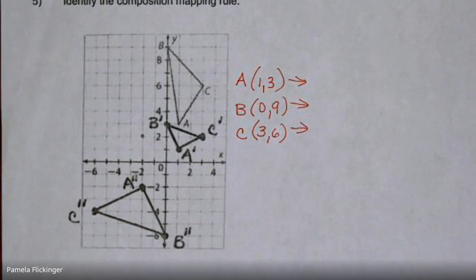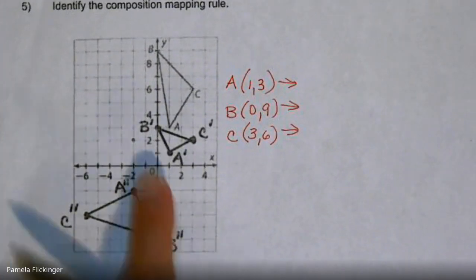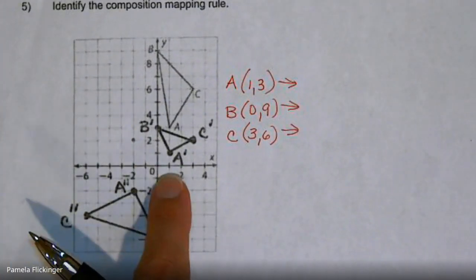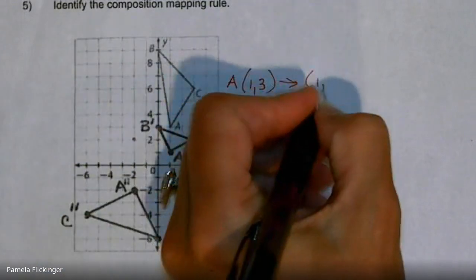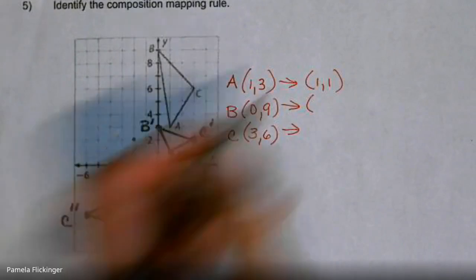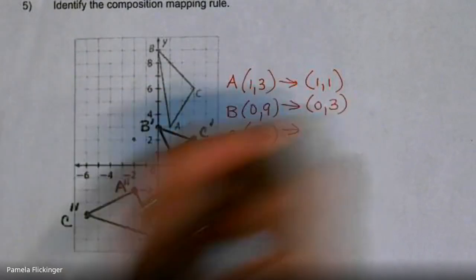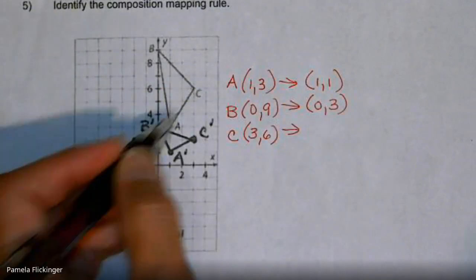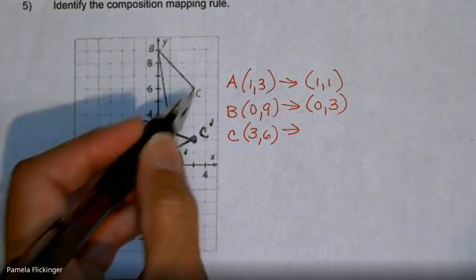All right, so let's look at what happened. To go to A prime, we're now sitting at 1, 1. B is 0, 3. And C is 3, 6.